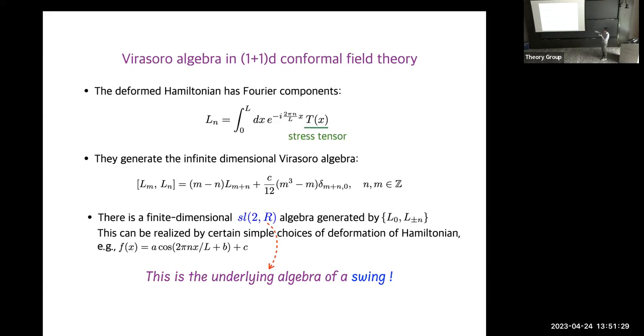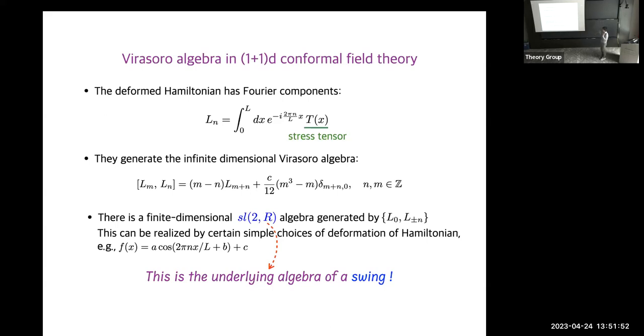However, within this Virasoro algebra, there is some finite dimensional SL2R algebra, which is generated by 3 generators, L0, Ln, and L minus n. Within this very big algebra, there's a small and finite algebra, which is the SL2R algebra.